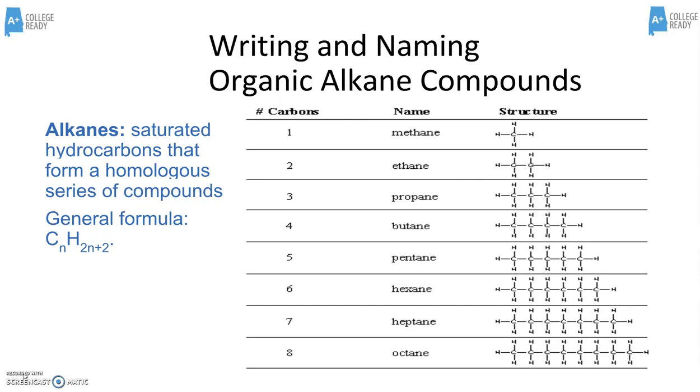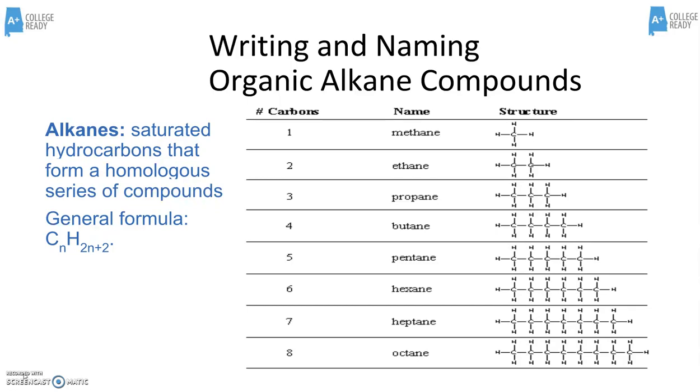Now notice our suffix, the ane. What that suffix represents, and if you notice in the student notes and in our table here, is that it is a singly bonded carbon. So methane has 1 carbon, and you can plug into your equation the 1 for your carbon: 2 times 1 is 2, plus 2, and that's going to give you the 4 hydrogens with it.